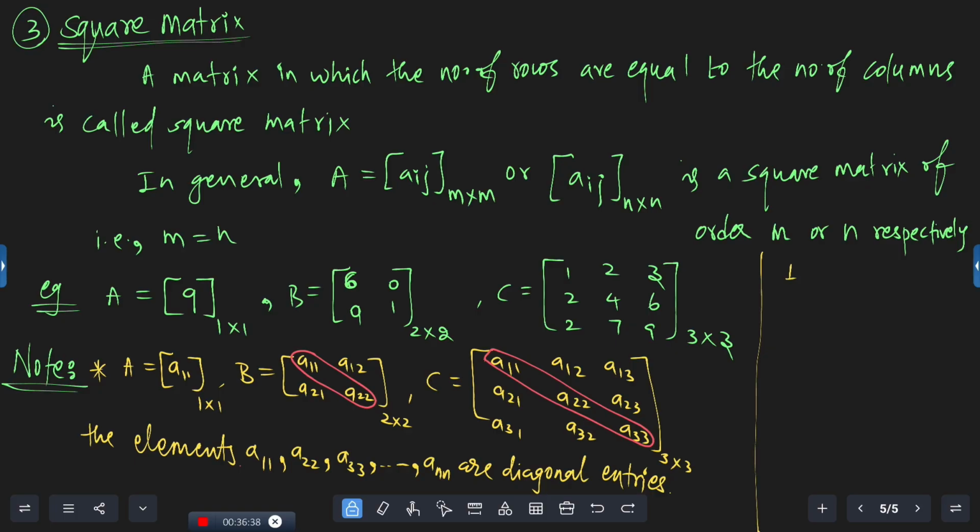Now you can tell me: in matrix C, what are the diagonal element entries?